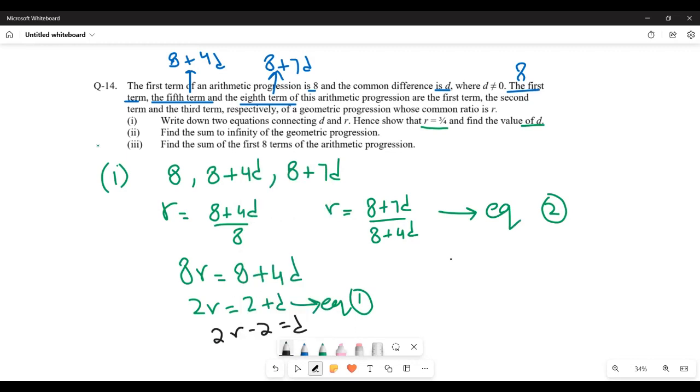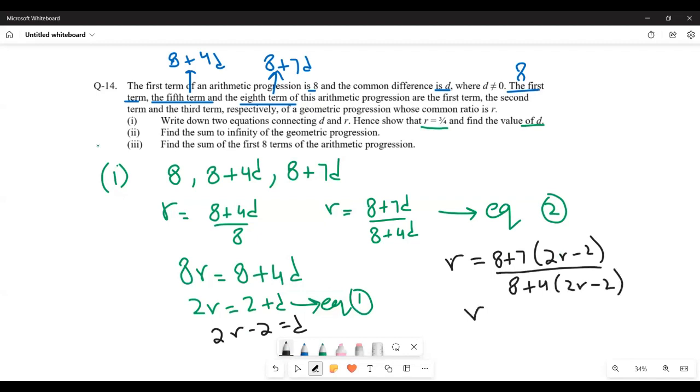Okay, let's see how that goes. Not that, in place of D we have to write this. So R equals 8 plus 7(2R minus 2) upon 8 plus 4(2R minus 2).